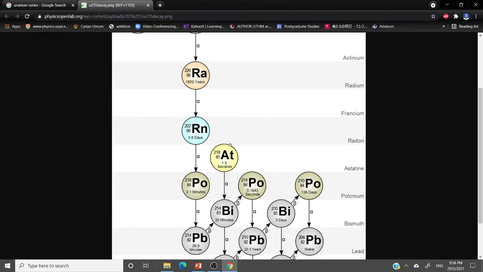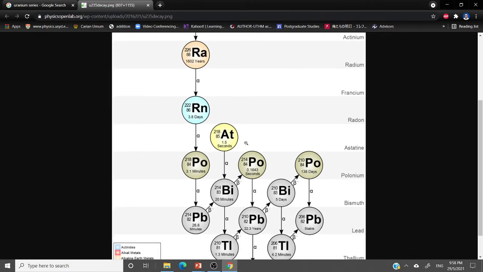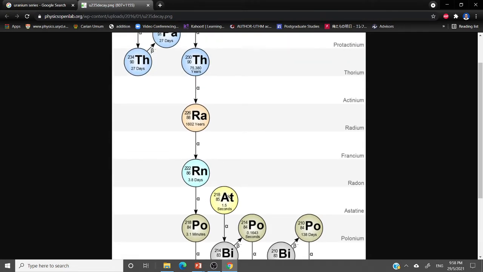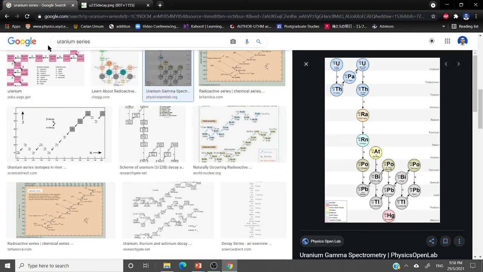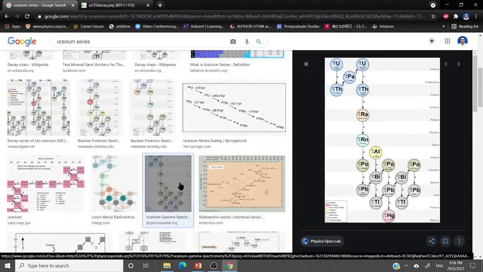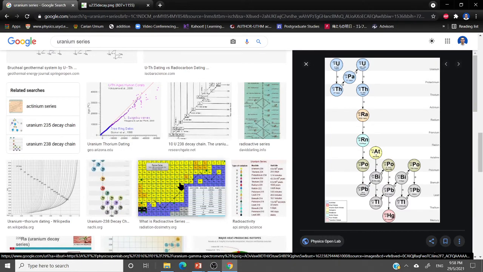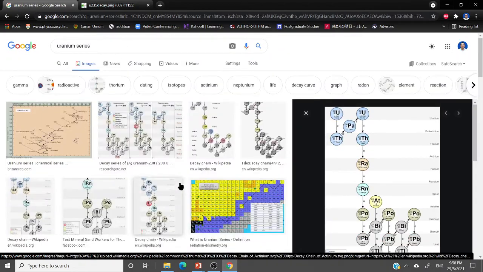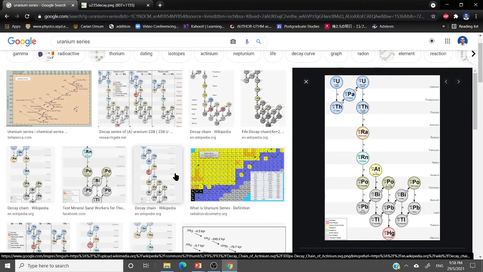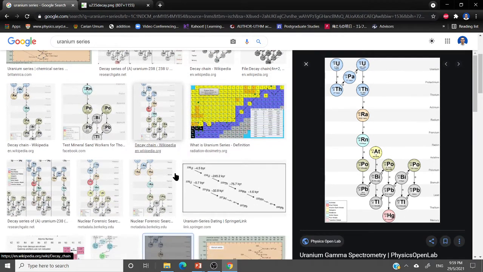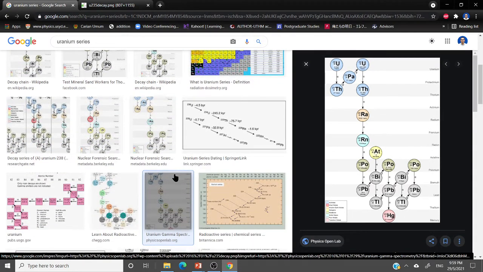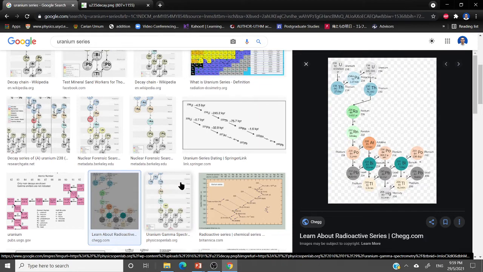Astatine, I'm not sure why astatine is included here. Let's check others. There are many figures, so just now was an example.